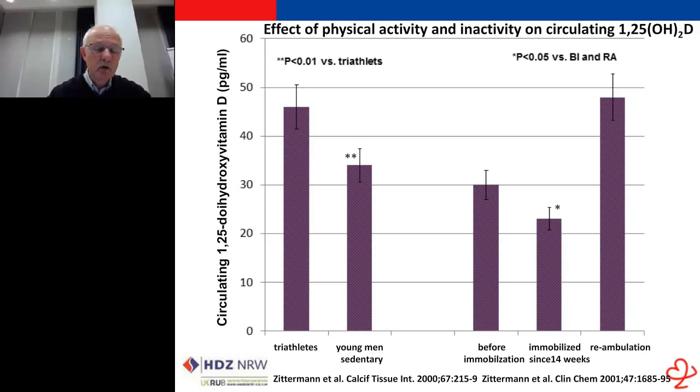For example, physically active individuals on the left-hand side of this slide have higher circulating 1,25 dihydroxyvitamin D levels than young sedentary men. And immobilization also has an effect on the circulating 1,25 dihydroxyvitamin D level. As you can see on the right-hand side, immobilization is associated with a decrease in 1,25 vitamin D, and remobilization is associated with an increase in 1,25 dihydroxyvitamin D.